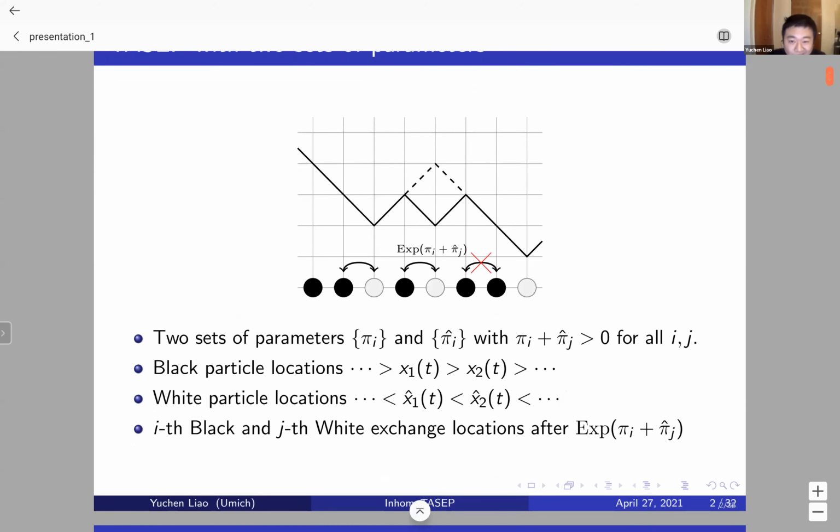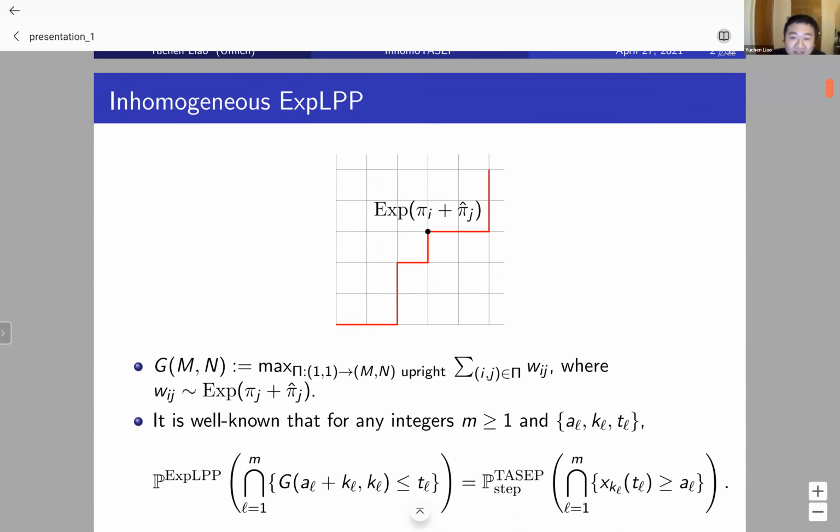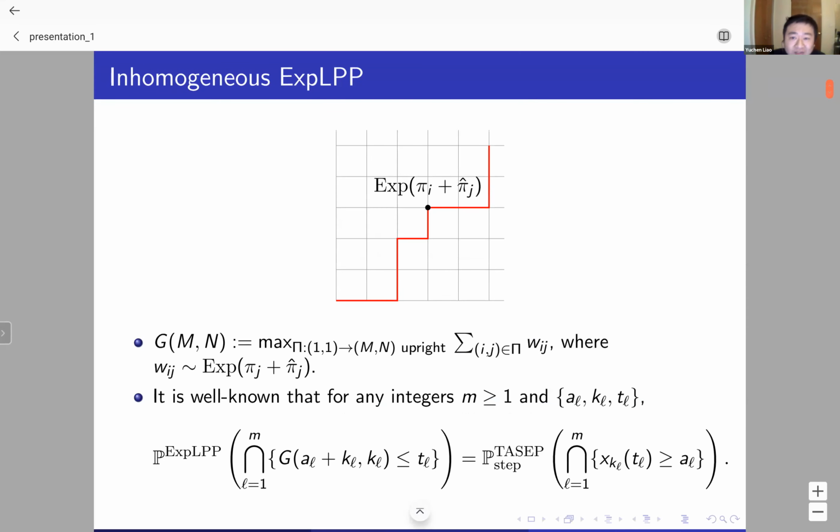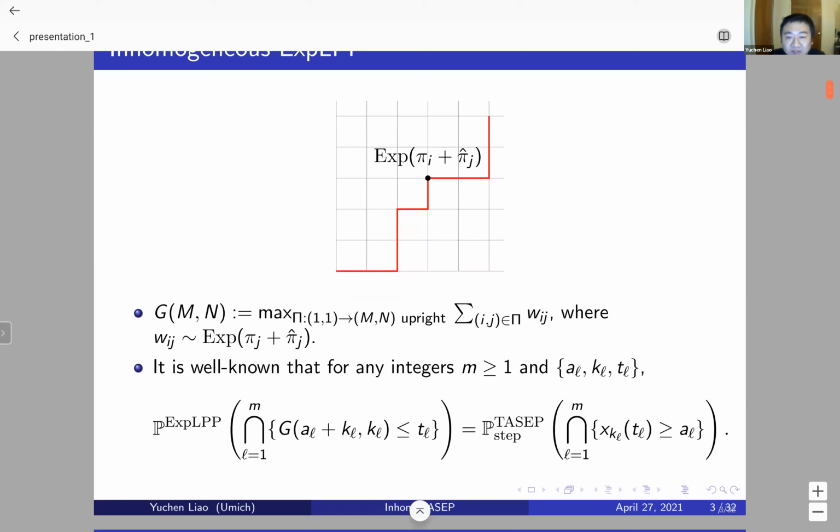And equivalently, this is maybe more familiar in the other format, interpreted as an exponential last passage percolation model, where you consider the usual maximizing over up-right paths from (1,1) to some other location (m,n), but here the (i,j) site has an exponential waiting time with rate pi_i plus pi_j hat.